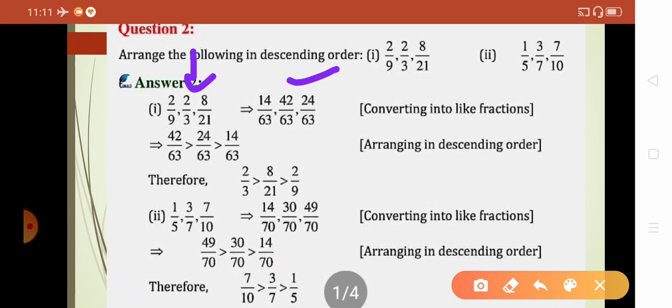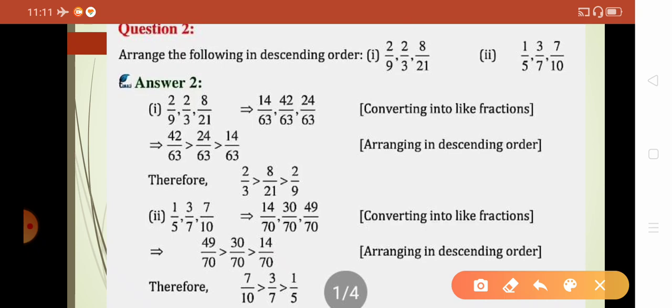Whose numerator is smaller, the fraction is smaller. So the greatest fraction here is 42 by 63, then 24 by 63, then 14 by 63. In this way we can arrange the fractions in descending order.